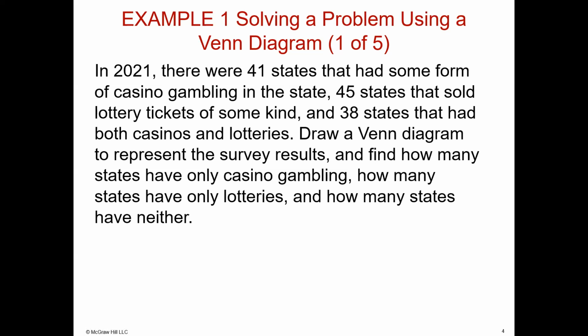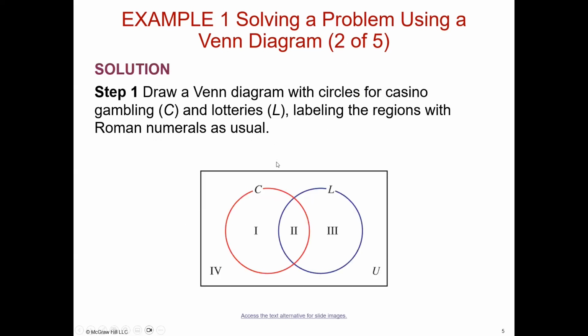So let me ask you that question again. How many circles do you think are going to be necessary to address this situation? 2. Probably a circle for casinos and a circle for lotteries. And of course, the universal set, which could contain some states that have neither. So it seems like it might be a two circle situation here.